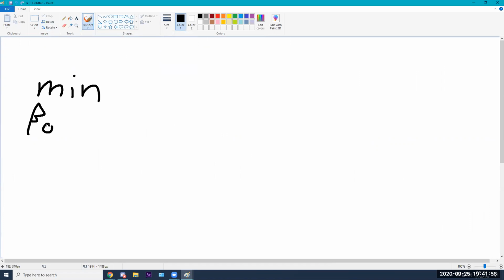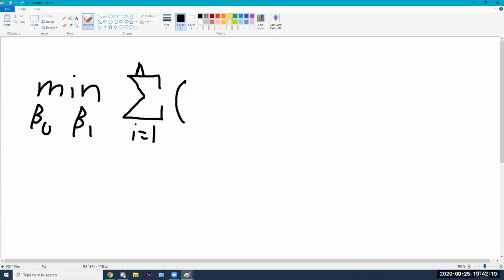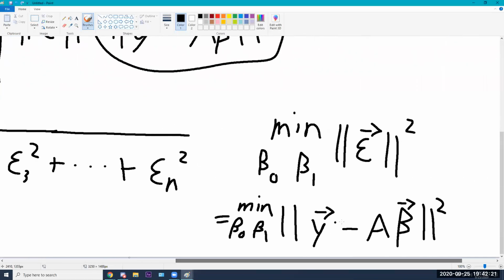Minimizing one, right? The sum, right, from i equals 1 to n, of, right, here we have, this would be all the y terms.